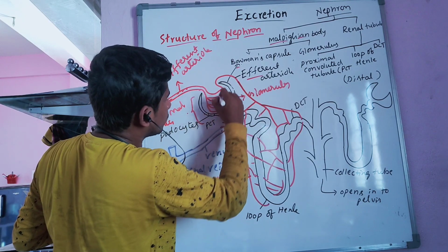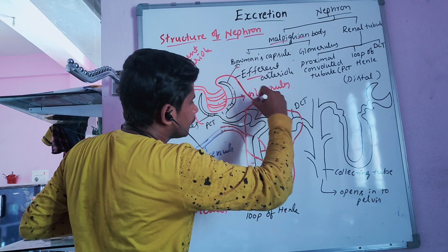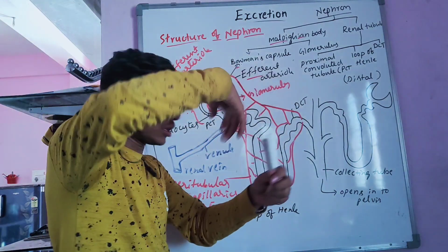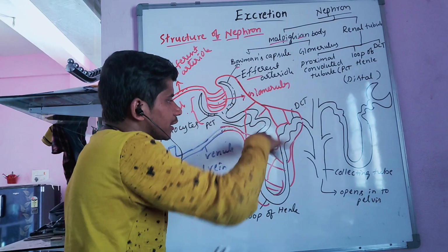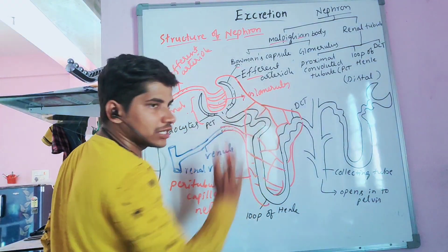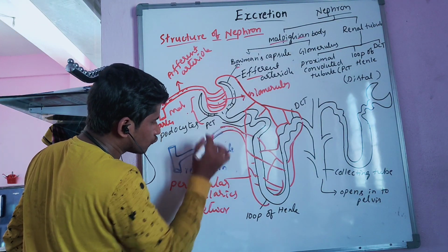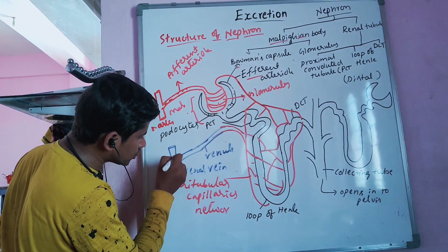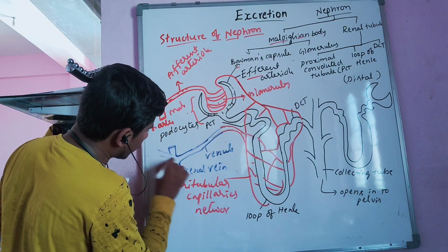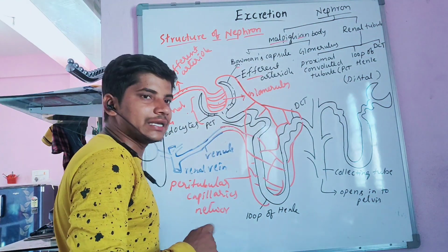Afferent arteriole to glomerulus, that means bunch of blood capillaries. Glomerulus to efferent arteriole. Efferent arteriole to so many fine capillaries, twining and surrounding the renal tubule. All the PCT and loop of Henle are surrounded by these capillaries, and these capillaries finally join to form the renal venule. Many renal venules from many nephrons join to form a renal vein. This renal vein leaves the kidney.